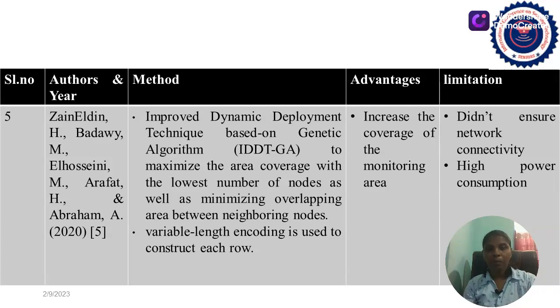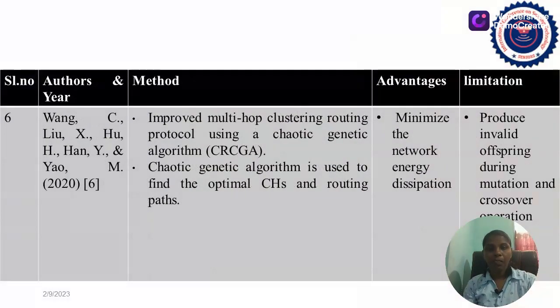The next one is a multi-hop clustering routing protocol using a genetic algorithm. The genetic algorithm plays a major role here, but there are some drawbacks. So many researchers are improving the genetic algorithm to better address these coverage and connectivity issues.